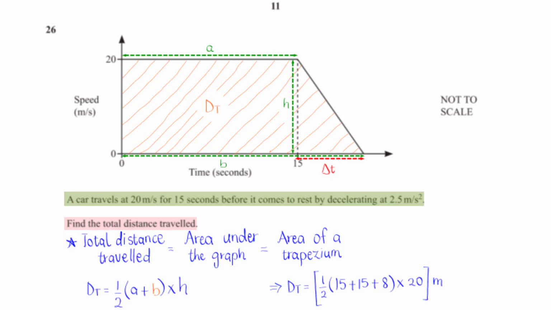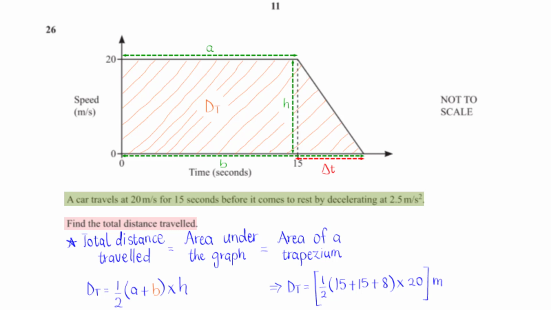And so to find the total distance traveled, we apply the area of a trapezium, which is half of (a plus b) times height. From the graph, a is equal to 15, h is equal to 20, and b is equal to 15 plus this length right here, which we have labeled as change in t. So now we need to find this change in t. Change in t represents the time duration for which the car was decelerating.